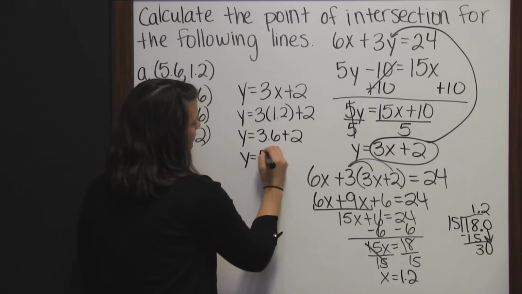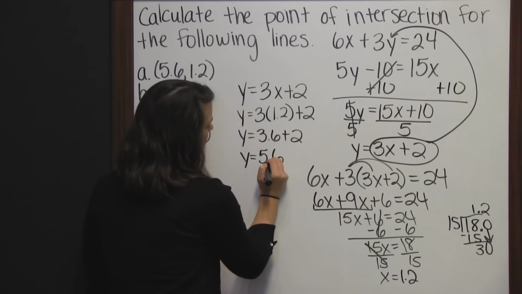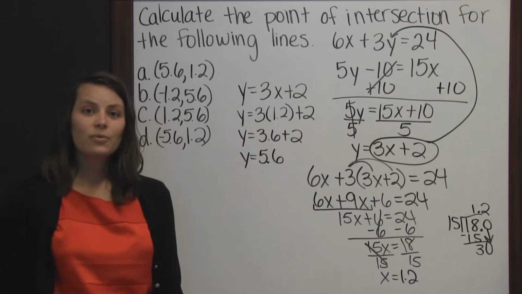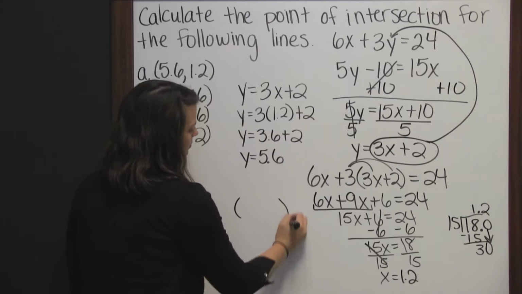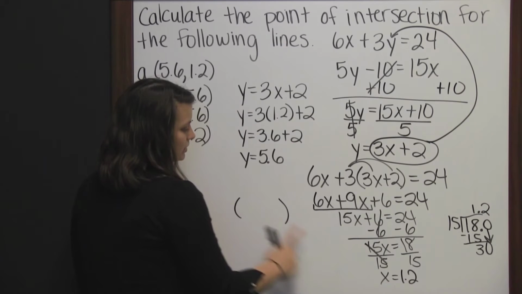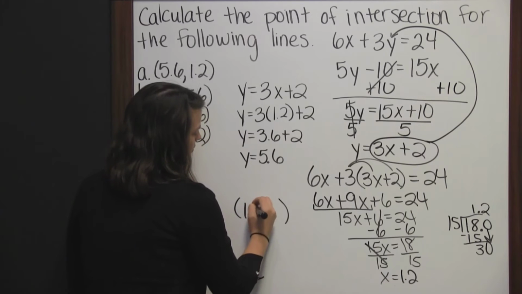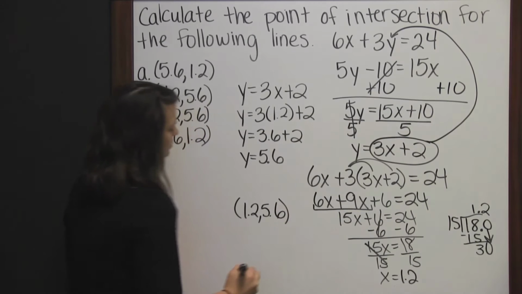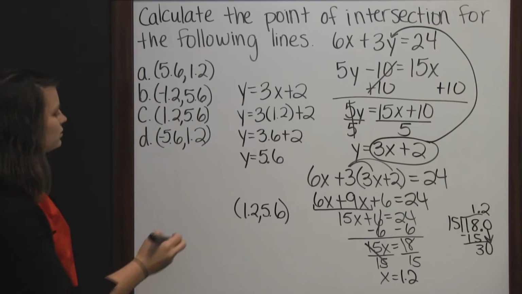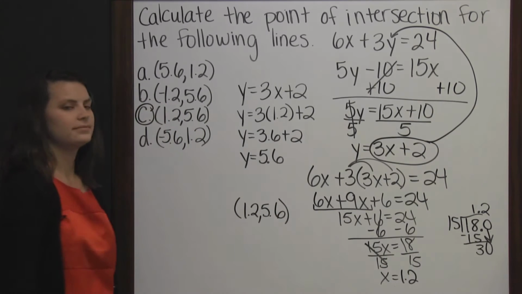So y equals 5 6/10. Finally, we need to put both of these coordinates together as an ordered pair. X is 1 2/10 and y is 5 6/10, which means our answer is C.